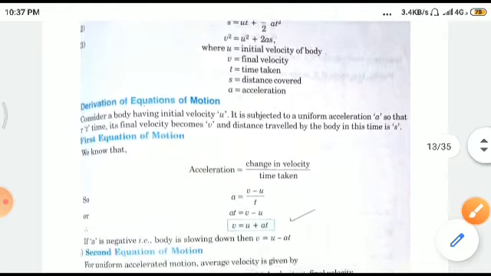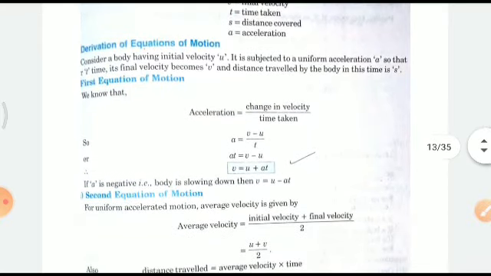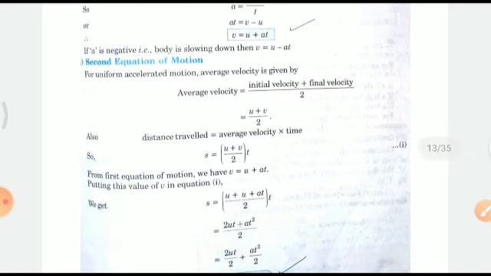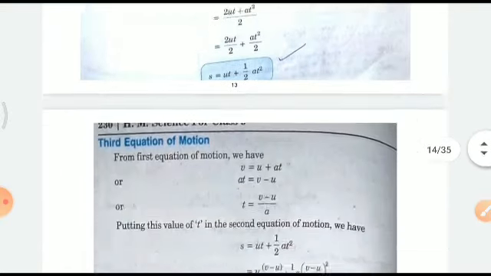Now, derivations, how these formulas come. Acceleration is the change in velocity. A is equal to v minus u by t. So when we cross multiply, we get v is equal to u plus at. Now the second equation of motion, from the same equation, average velocity, this is derived.